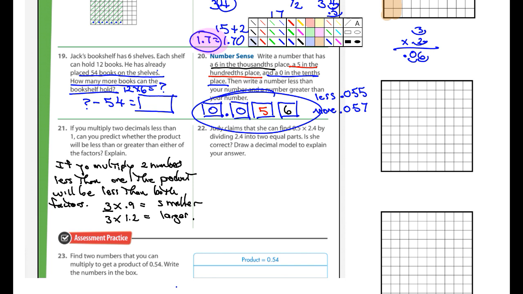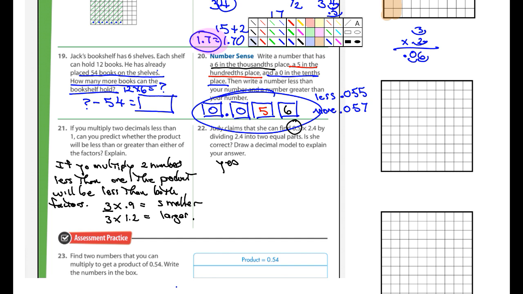Okay, so how could we explain that? Well, 0.5 is half of 2.4. What's half of 2.4? What's half of 24? Well, that's 12. So, is she correct? Well, the answer is yes. Draw a decimal model to explain your answer.